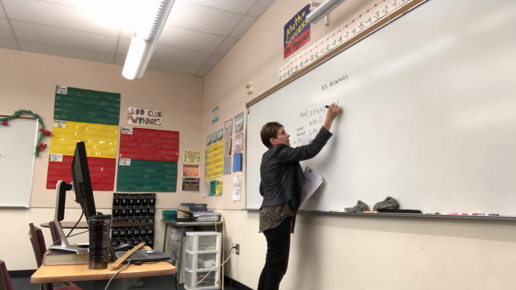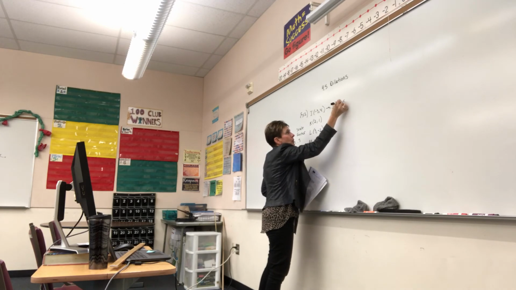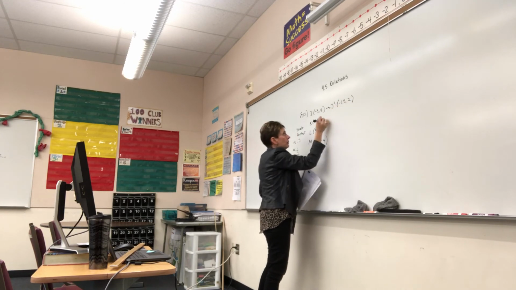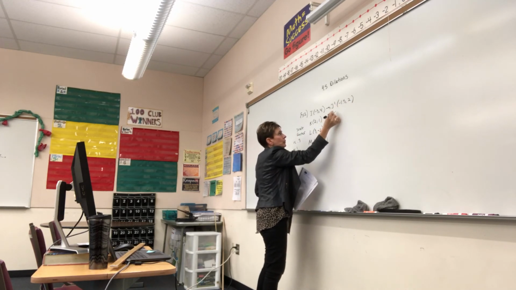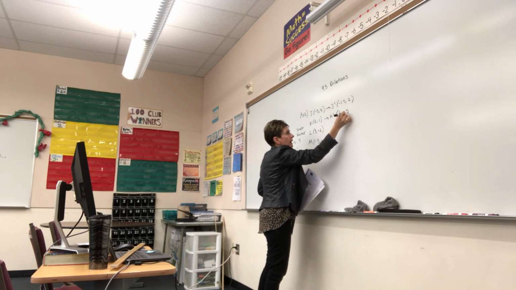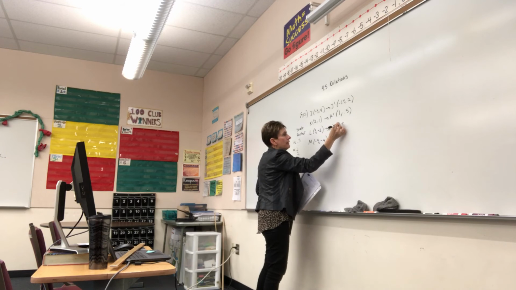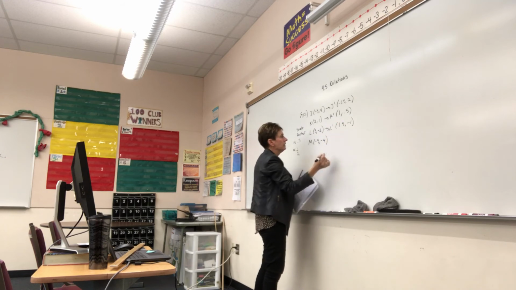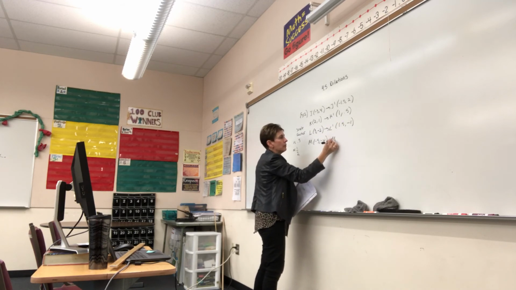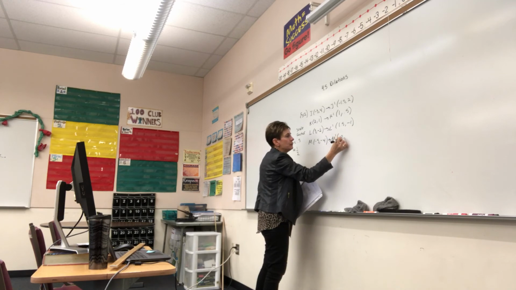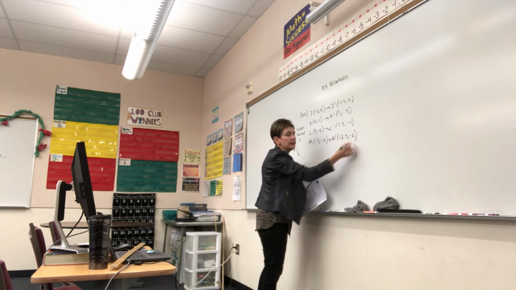So J prime would end up at negative 1.5, 2. K prime would be 1, 0.5. L prime would be 1.5, negative 1. And M prime would be negative 2.5, comma, negative 2.